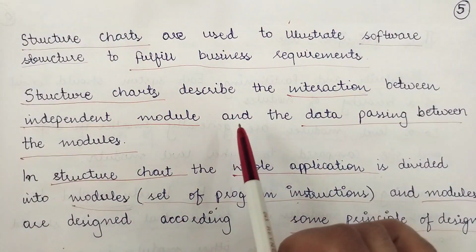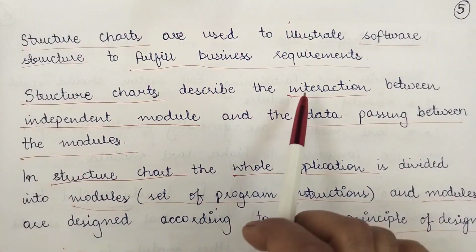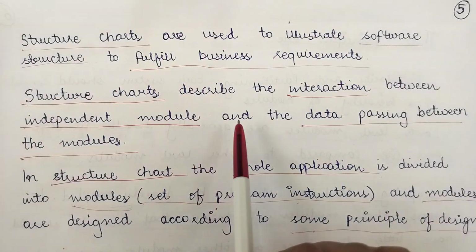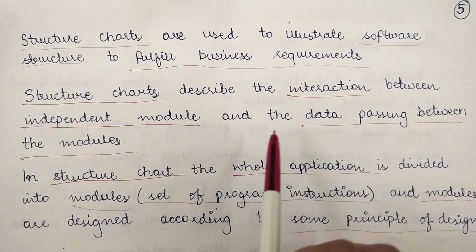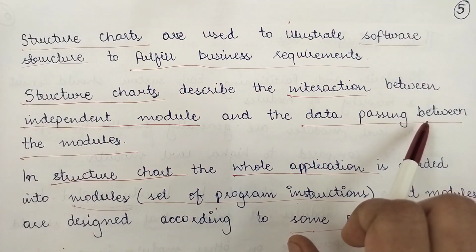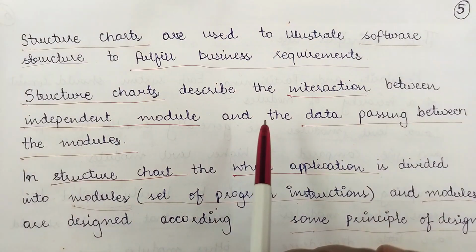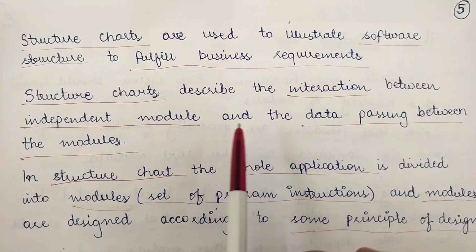That means there must be some interaction between those independent modules. So this very interaction is described by the structured charts, and it also shows how the data is passing between modules. When I say data passing between modules, that means which module's output would be used as input by which module.